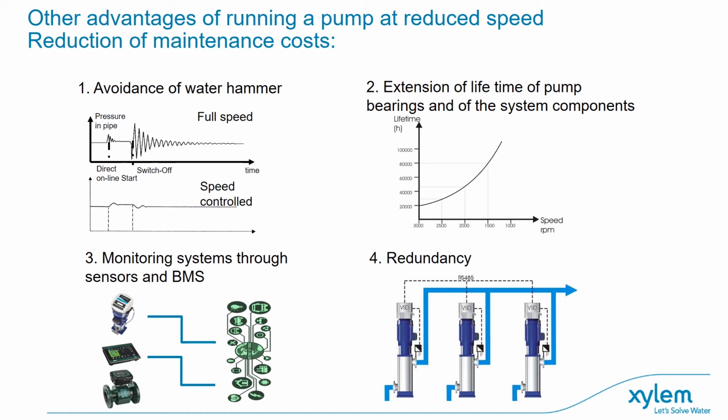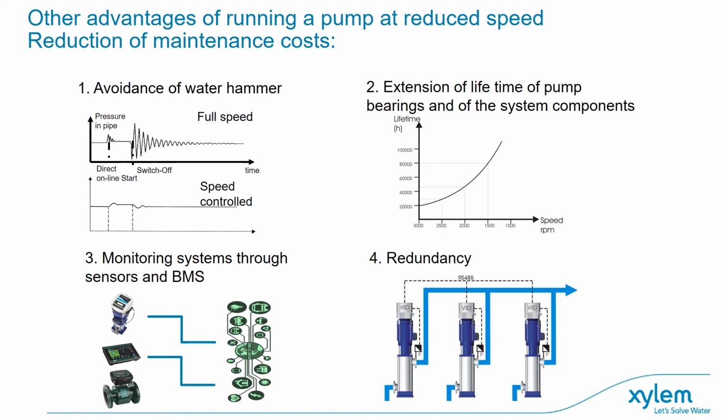Also, the variable speed drive gives you much more flexibility when linking to other sensors and building management systems. Today, many variable speed drives on the market will link directly into a building management system, or you can plug in other sensors, transducers, flow meters, temperature gauges, etc., where you can have a lot more control over how the pump actually operates.